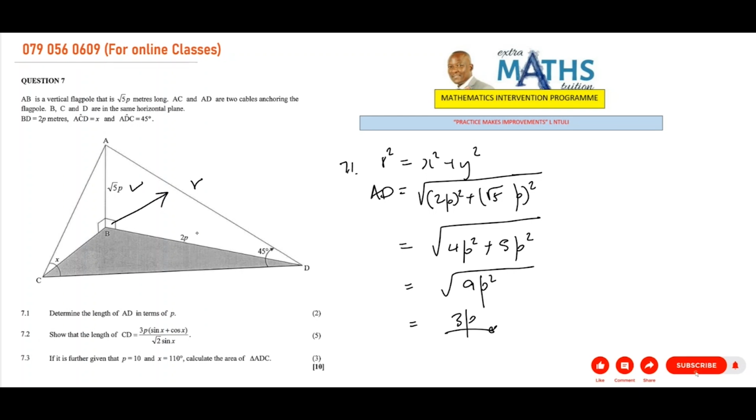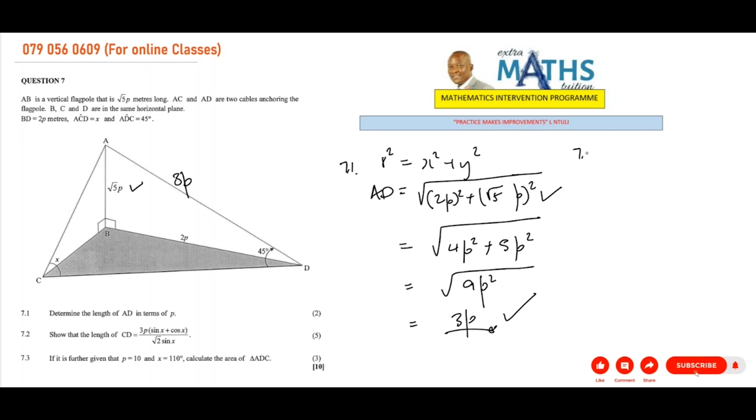Yes, it's 3p. Please make sure that you substitute on your diagram so that you'll be able to find your answer. I hope you are happy with 7.1 with this lousy 2 marks.